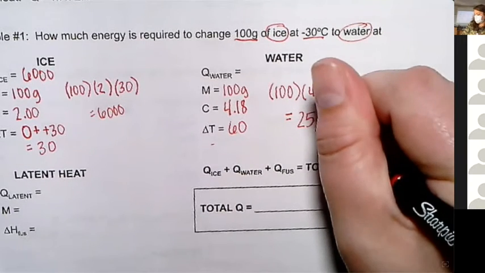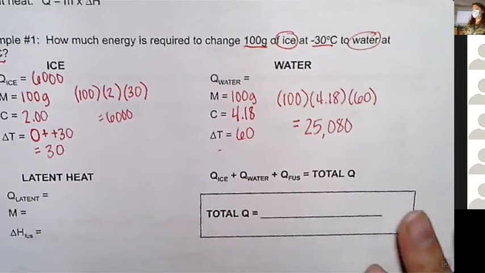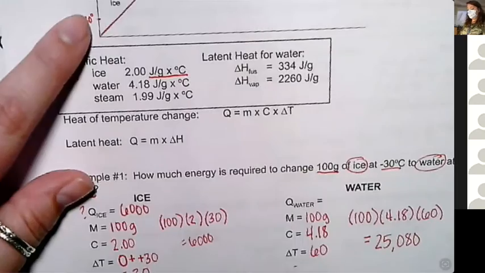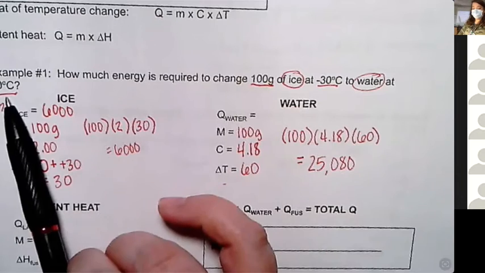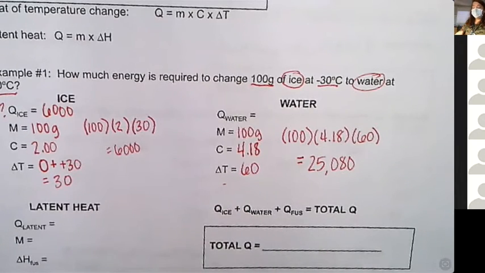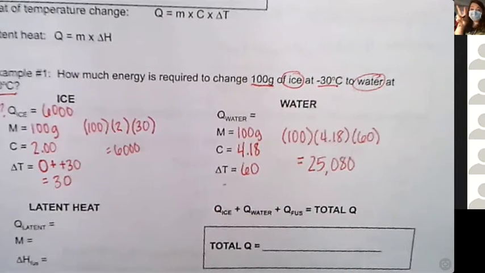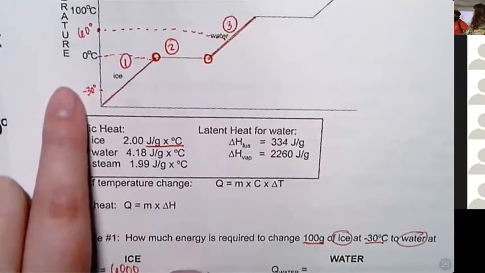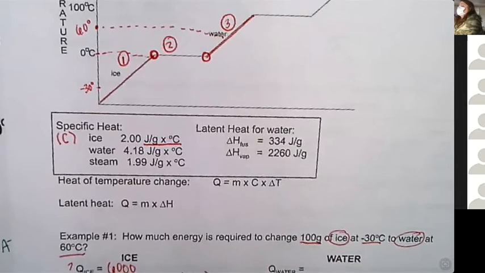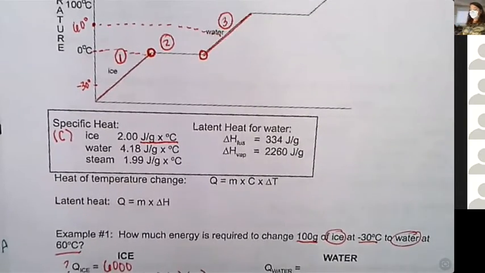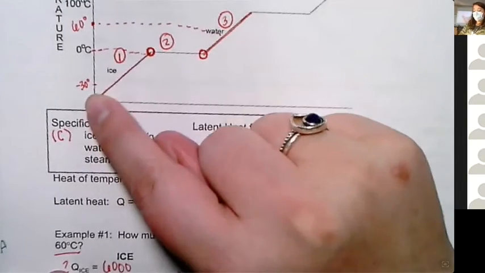I forgot how you guys, how did you get 60? Okay, so here's how we got 60. The problem says that we went from negative 30 degrees to 60 degrees. The problem with that is that we went into two different states of matter during that time. If we start at negative 30, we had to come all the way up to 0.